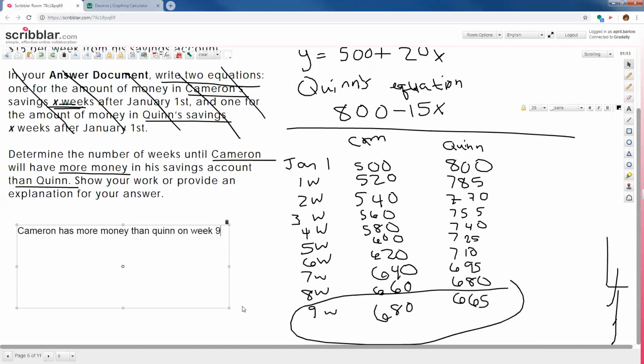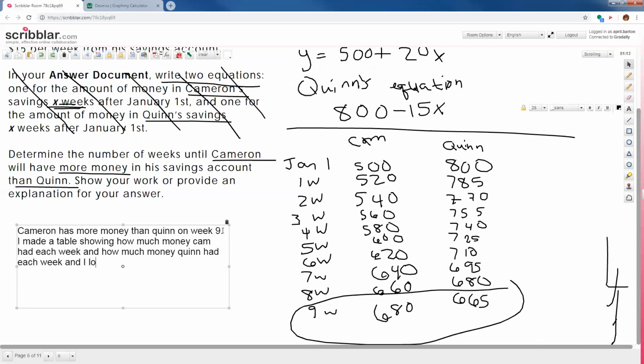If they didn't allow a way for you to write this table, if you wrote this table on a scratch piece of paper, you could explain what you did. I made a table showing how much money Cam had each week and how much money Quinn had each week.